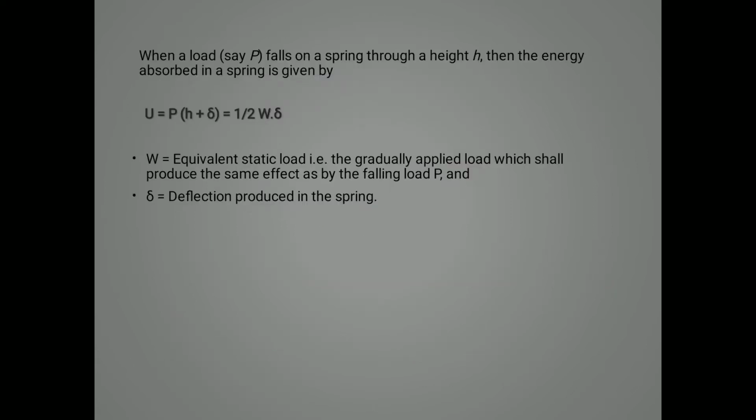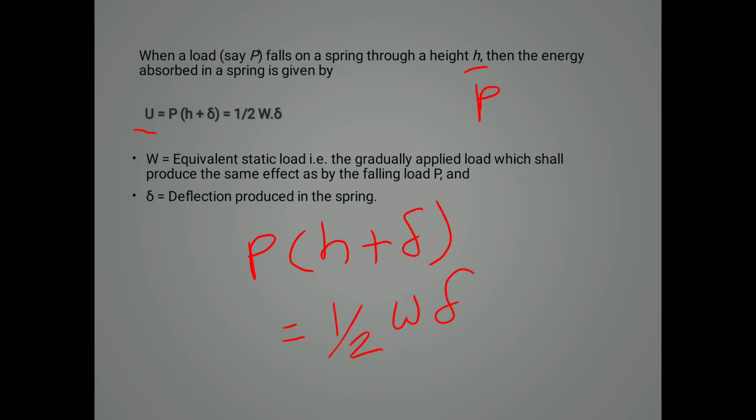So let us see, when a load, say P, falls on a spring through a height h, then the energy absorbed in a spring is given by absorption of energy, capital U is equal to load, that is P, into height of a load plus delta, that is the deflection of spring, and that is equal to 1 upon 2 W delta.